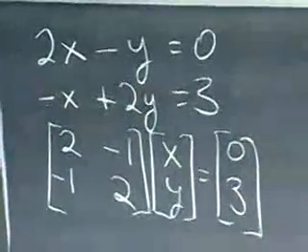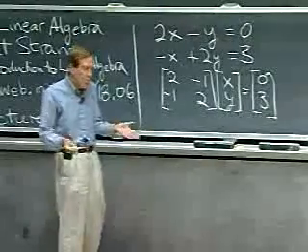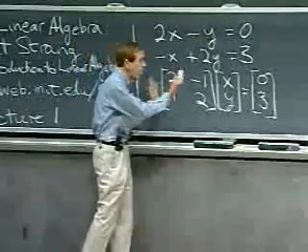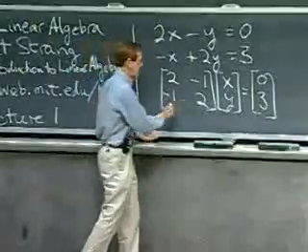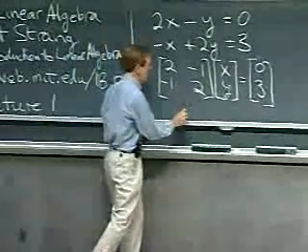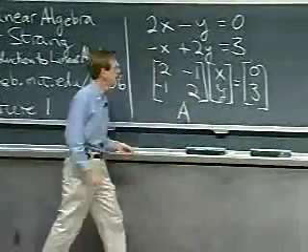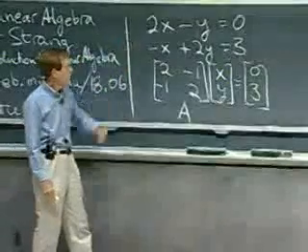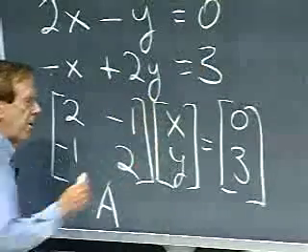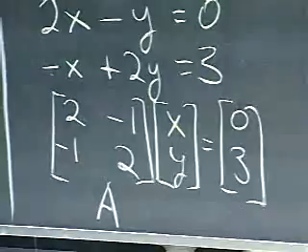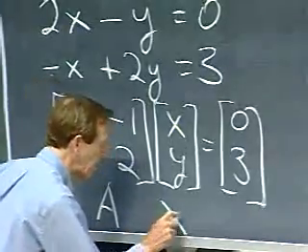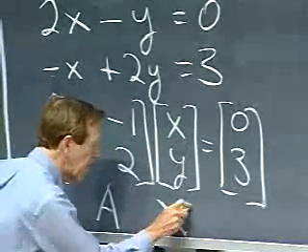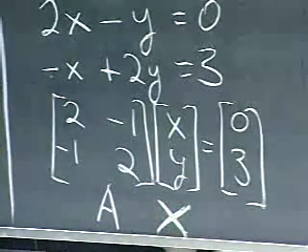I couldn't resist writing the matrix form even before the pictures. So I always will think of this as the matrix A, the matrix of coefficients. Then there's a vector of unknowns. Here we've only got 2 unknowns. Later we'll have any number of unknowns. And that vector of unknowns, I'll make that X extra bold.